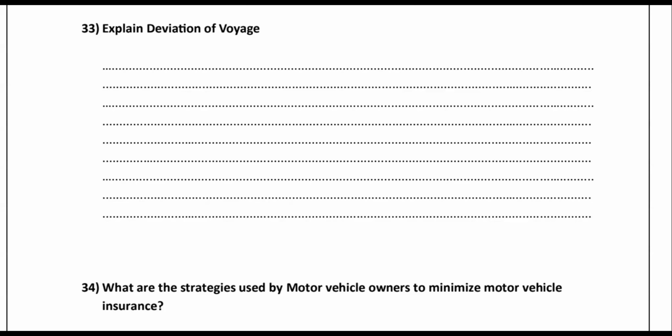Different types of damage can happen to the cargo during the voyage, and also when loading and unloading the cargo, so the shipping company or the cargo holder can get cargo insurance to protect the cargo. Simply, that is that.